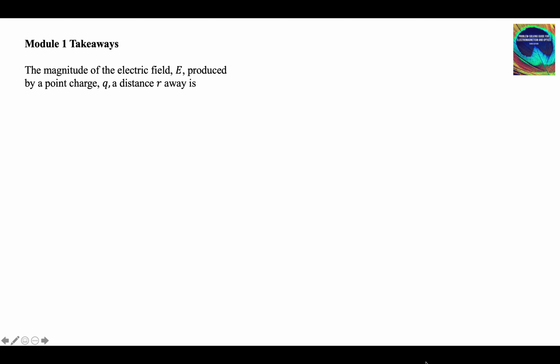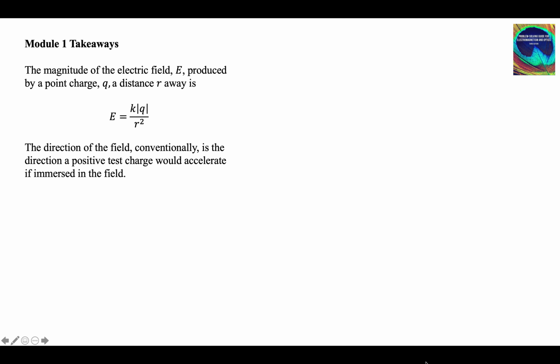The electric field produced by a point charge q a distance r away is kq over r squared. The direction of the field conventionally is the direction a positive test charge would accelerate if you put it in the field. The magnitude of the force on a charge immersed in a field is qE.